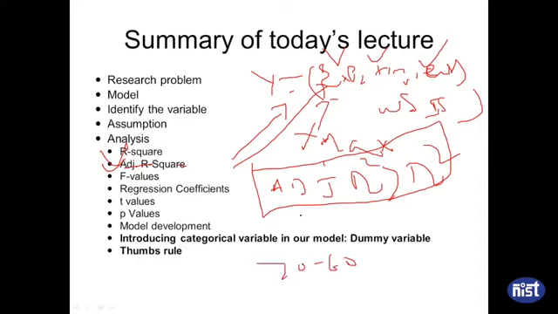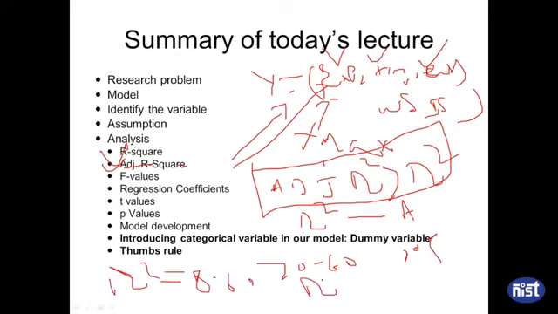Another thing to remember: R square and adjusted R square should not differ by more than 0.05. अगर मान लो R square आपका आ रहा है 0.60, and adjusted R square आ रहा है आपका 0.30, then it is very bad. The difference should not be more than 0.05.